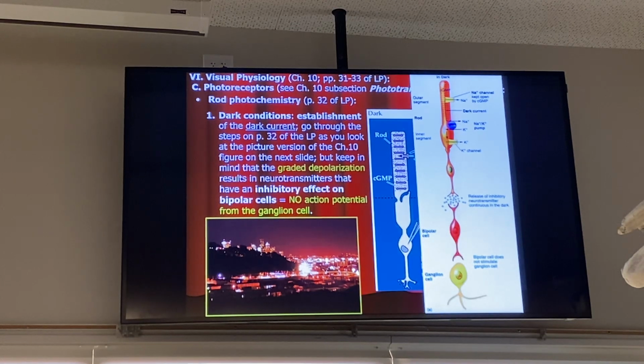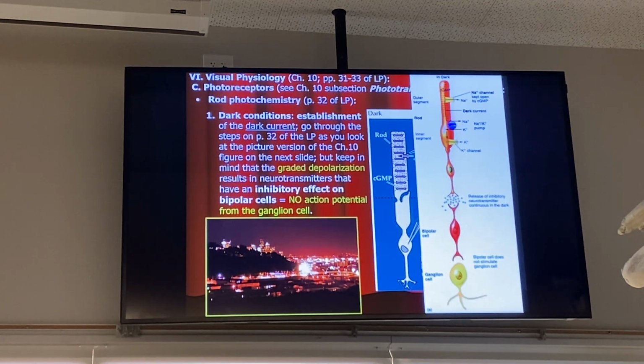All right, so again, when there's no light hitting the rod, the chromophore is in the form of 11 cis retinine. It is fully associated onto all the relevant membrane proteins, which is scotopsin. When this happens, the levels of cyclic GMP, which is a signaling molecule inside the cell like cyclic AMP, very similar, because they're both purines, go up.